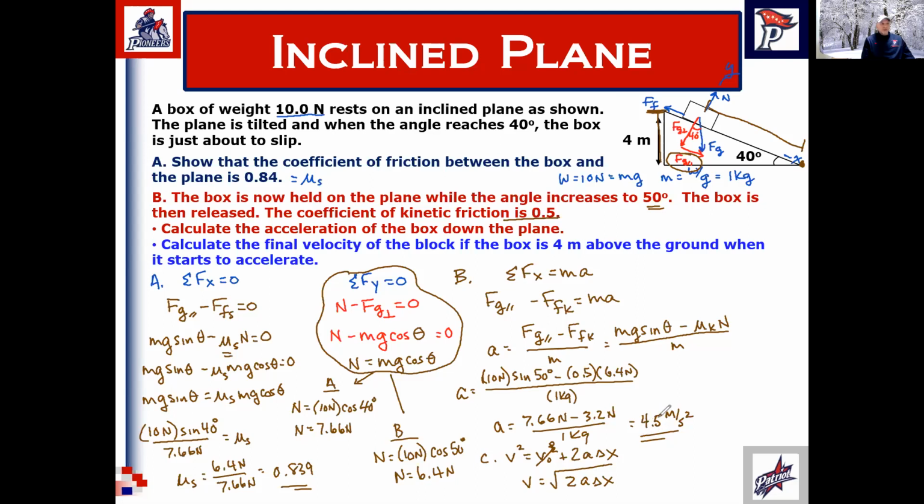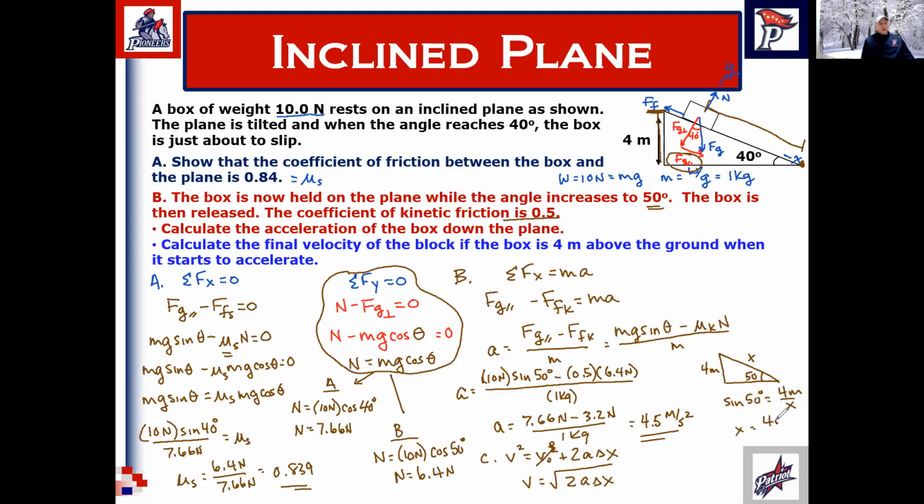A is 4.5. We just calculated it. But to get x, knowing this is 50, this is 4 meters, we need to know what is x, right? Opposite over hypotenuse. 4 meters over x.